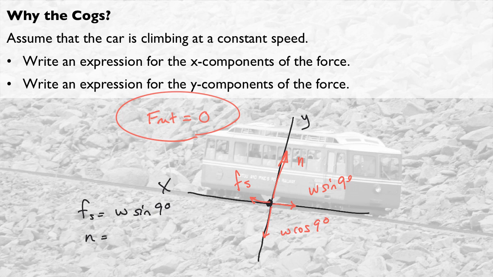N has got to be equal to W times the cosine of 9 degrees. That's got to be true. So those are our expressions for the x and y components of the force. Since F net is equal to 0, the force that points perpendicular upward is equal to the force that points perpendicular downward. The force that points up the slope is equal to the force that points down the slope. Everything's got to balance that way.